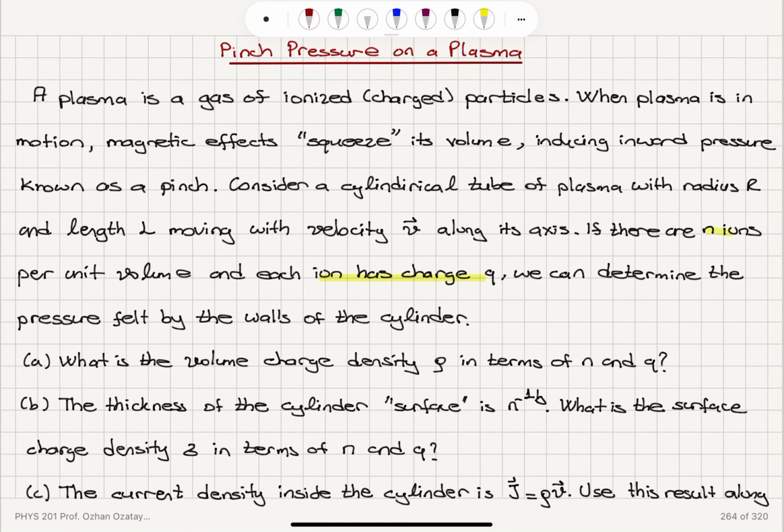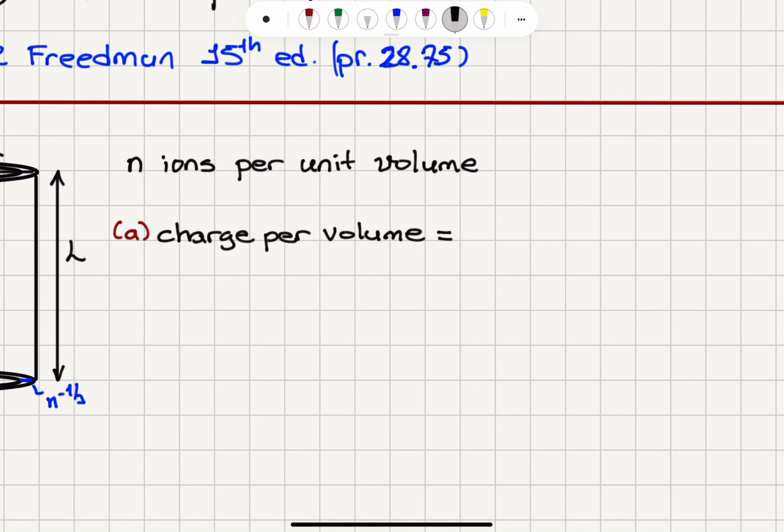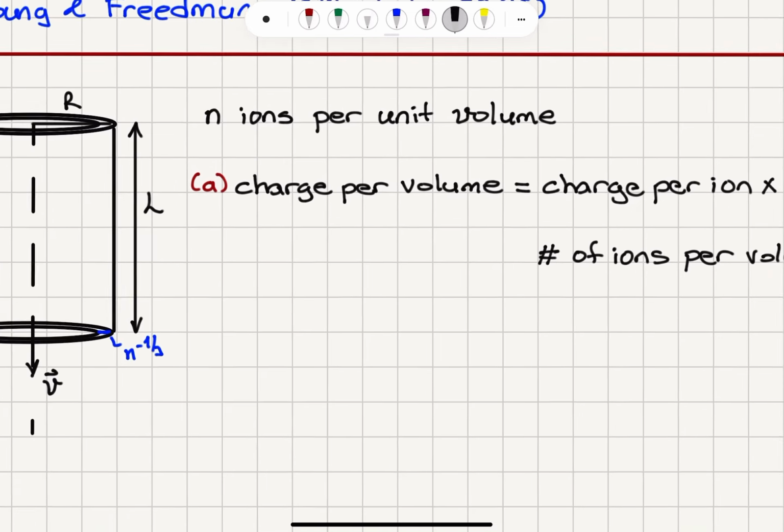And n ions per unit volume. So using this information, if I multiply charge per ion with the number of ions per volume, I will obtain the charge density.